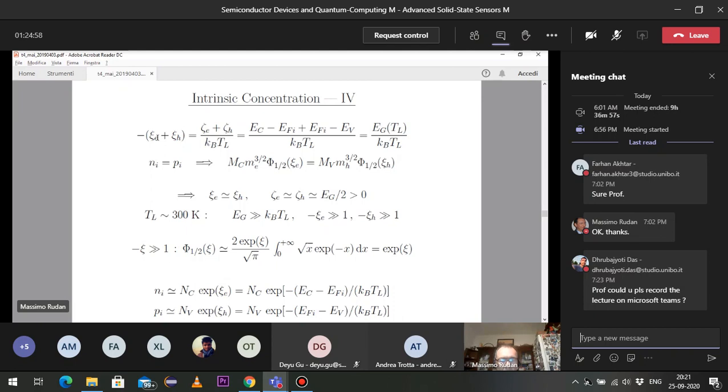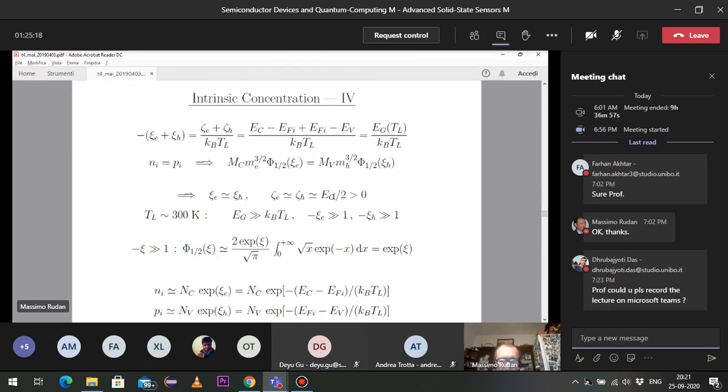If we impose this equality here, we find that ze is almost equal to zh, but the sum of them is equal to the gap. So each of them is equal to half the gap, okay?